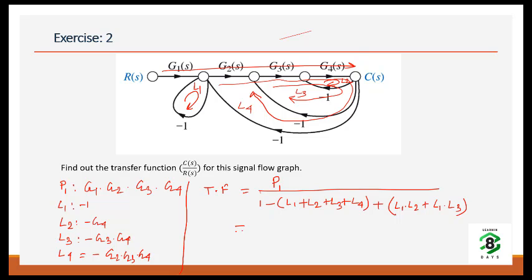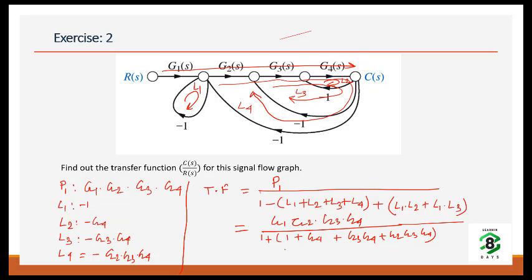Now we'll replace the loop gains and path gain. This is G1 G2 G3 G4 divided by 1 minus, since all of them are negative, (-1 - G4 - G3 G4 - G2 G3 G4).